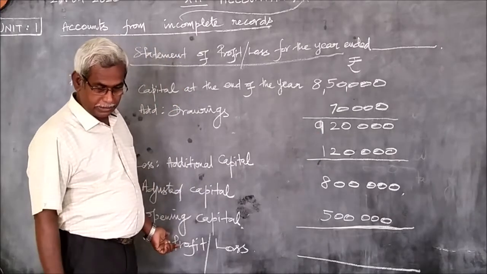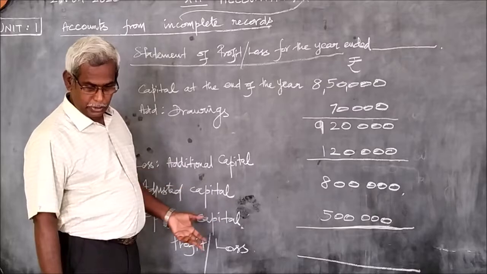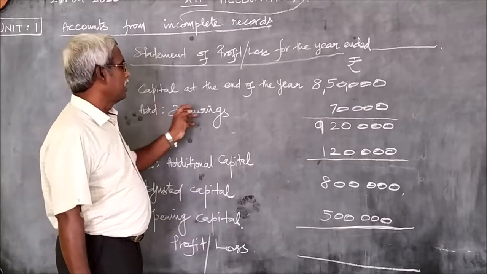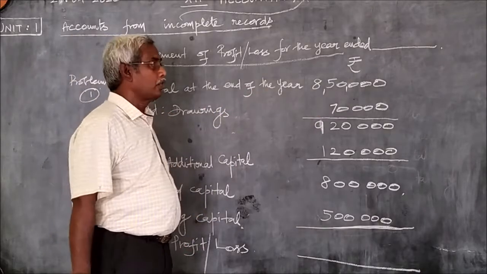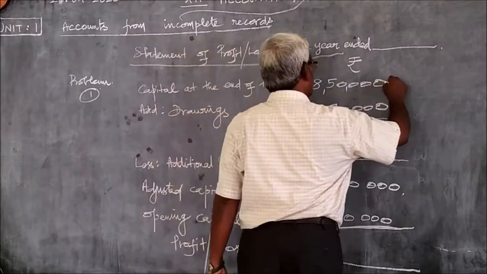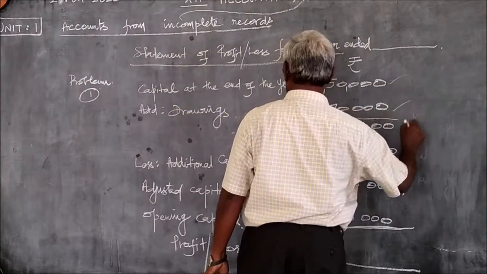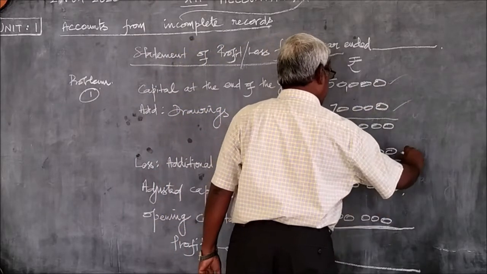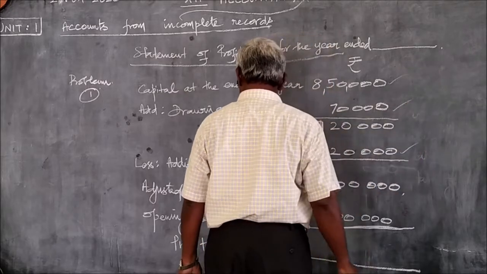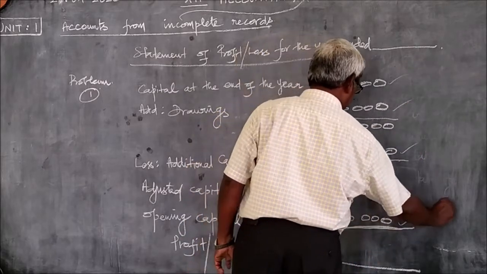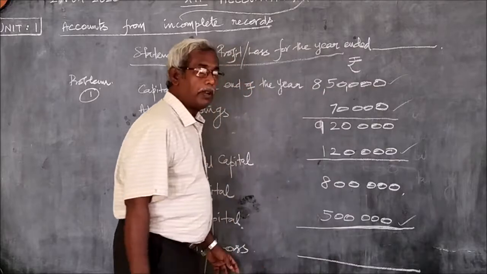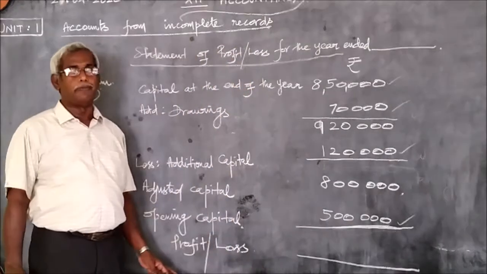And the fourth item, drawings made during the year, 70,000. So this figure is given, and additional capital and the opening capital are given. We will have to find the profit or loss.